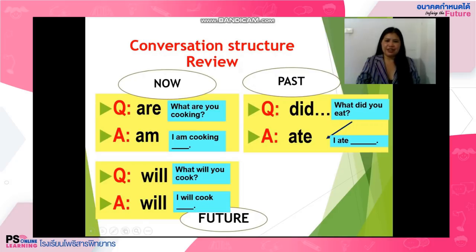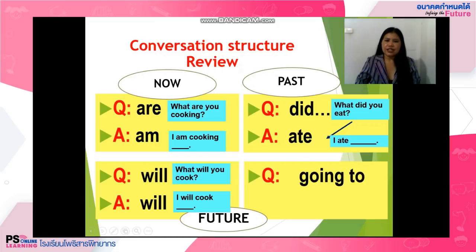That's easy. And then the other conversation structure is this one, using going to. If you use going to on the question, you also have to use going to on your answer. But this one is not about going to the mall or going to the beach or going to Pattaya or going to school.